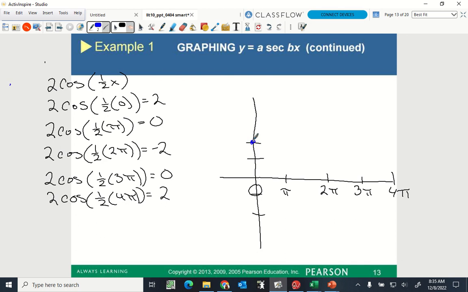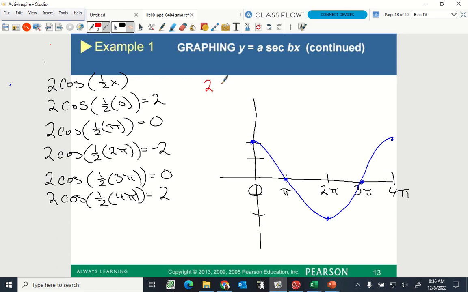At pi it's 0, 2 pi is -2, 3 pi is 0, 4 pi is 2. So this is the cosine function. Right? Say yes.